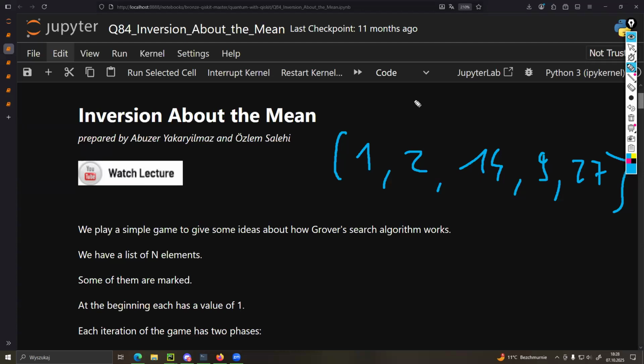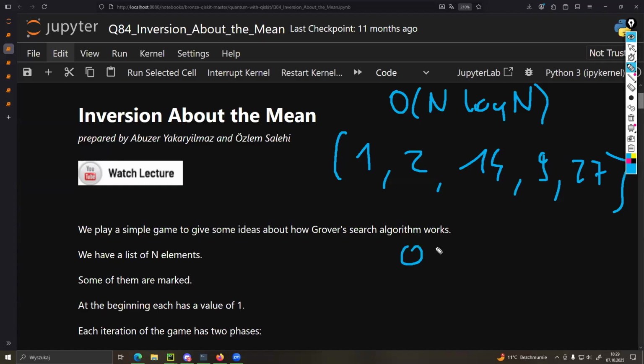And the sorting algorithms usually have a complexity of O(n log n). This is pretty much the standard complexity that you would expect from a search algorithm.